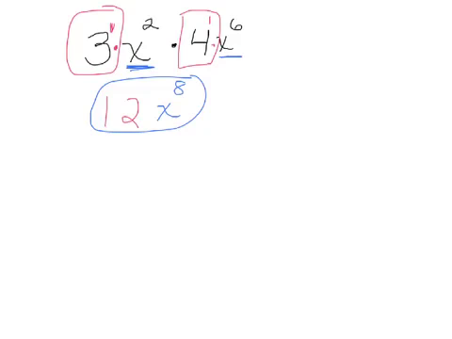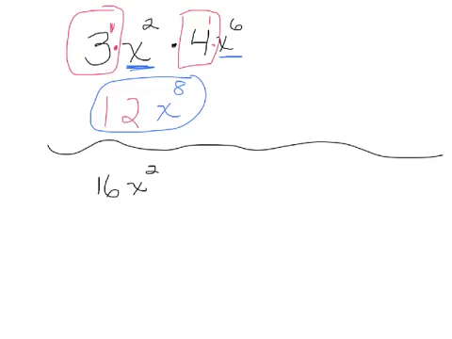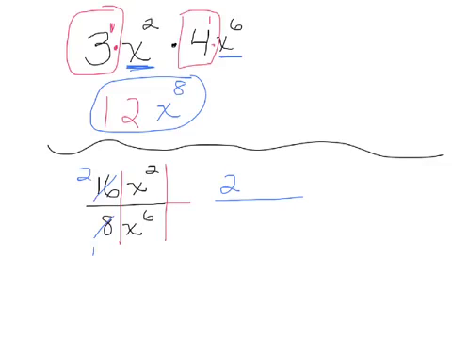The same sort of concept is going to apply with division. If I had 16x squared over 8x to the 6th, what I would need to do is almost split it up like this. Okay, treat the numbers as a fraction. So 16 over 8 would leave me with 2. Okay, 8 goes into 16 twice.